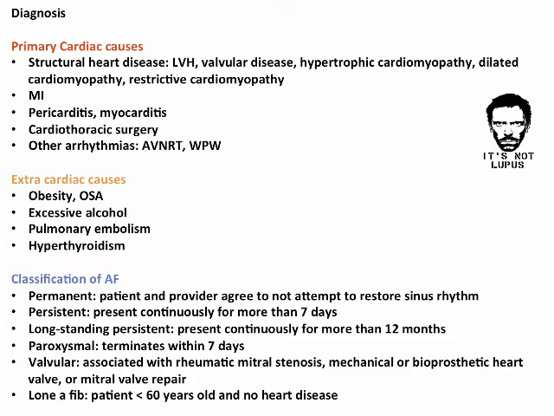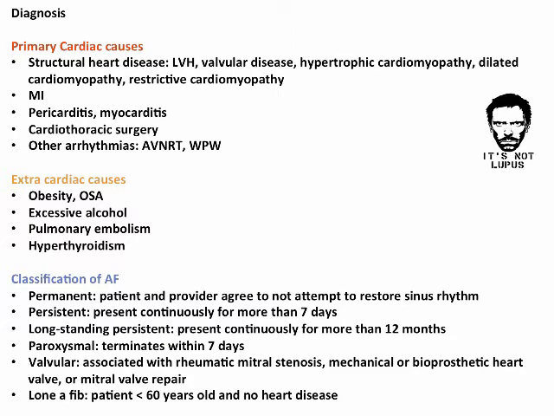Primary cardiac causes can be divided into structural heart disease, such as left ventricular hypertrophy, valvular disease, hypertrophic cardiomyopathy, dilated cardiomyopathy, restrictive cardiomyopathy, MI, pericarditis, myocarditis, surgery, particularly cardiothoracic surgery, and other arrhythmias, such as AVNRT or Wolff-Parkinson-White. There are also several extracardiac causes of AF, including obesity, OSA, excessive alcohol use, pulmonary embolism, and hyperthyroidism.